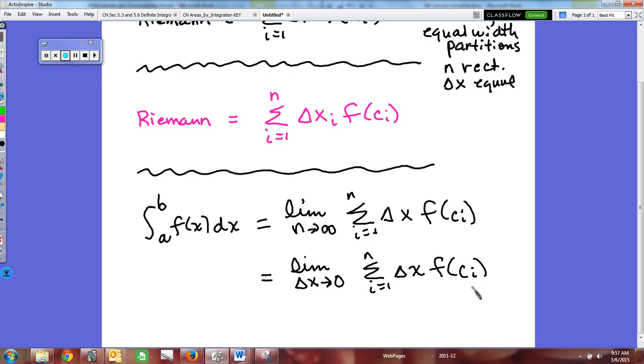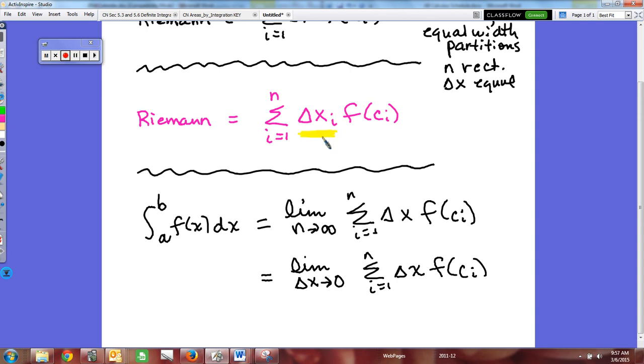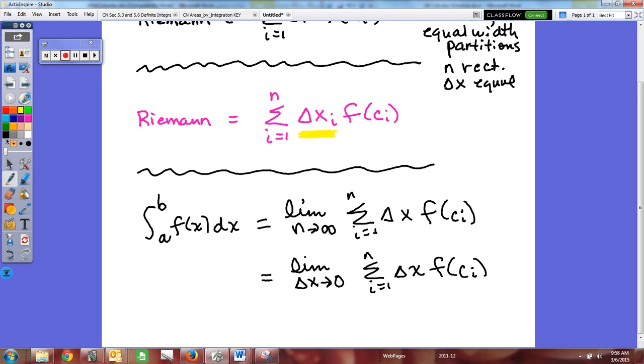Now, what the book is going to adjust for again is the fact that our delta x's are not the same for every width. So when they're writing it in this notation, they think, wait a minute, I can't just say delta x goes to 0 because all the delta x's are going to be slightly different for each one.